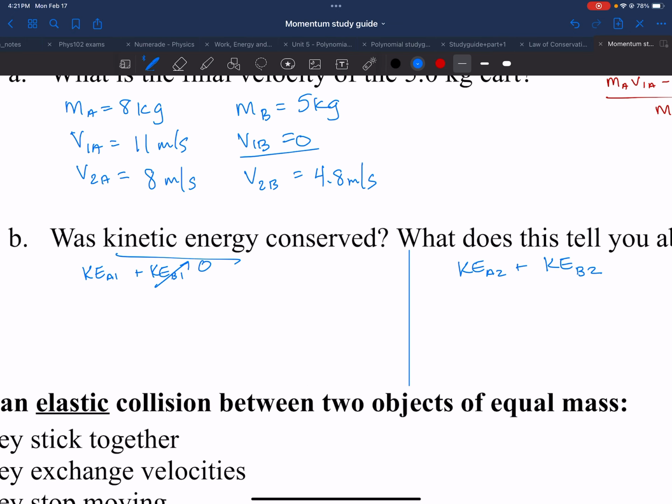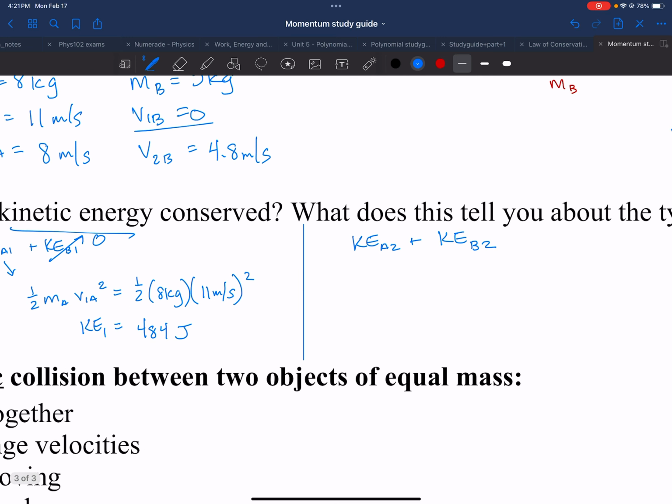So I'm looking at the beginning of just KEA1, so that's going to be 1/2 mass of A times V1A squared. So it's going to be 1/2 8 kilograms times 11 meters per second quantity squared. So that's 121 times 4. So we get 484 joules. So this is before.